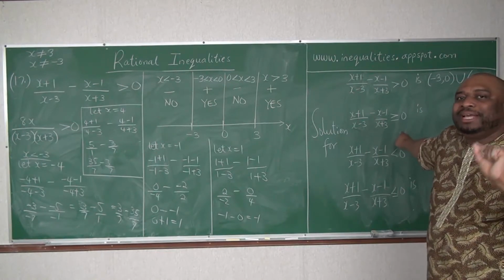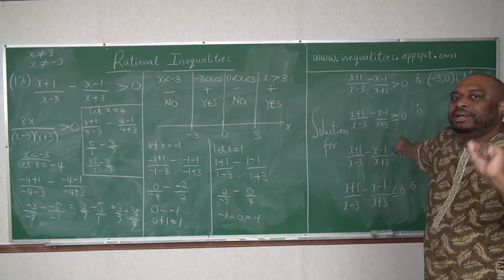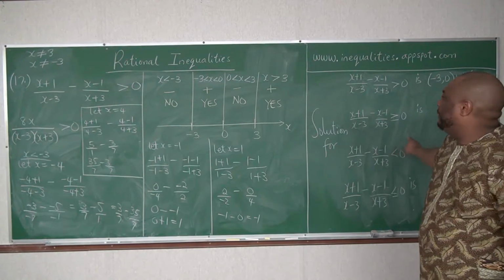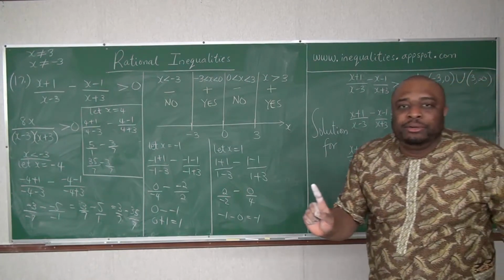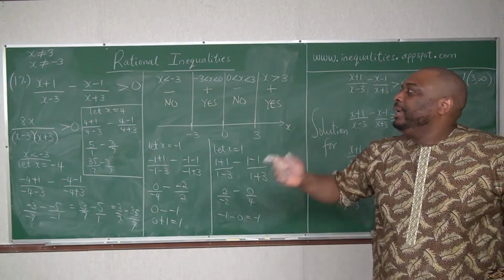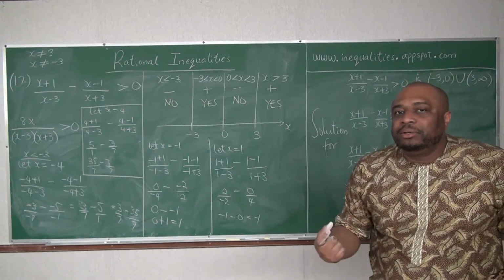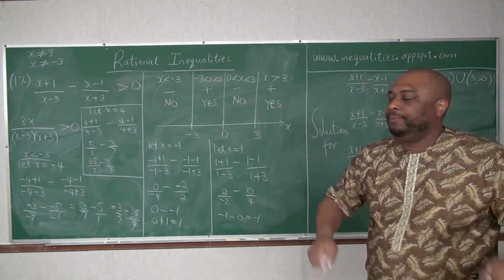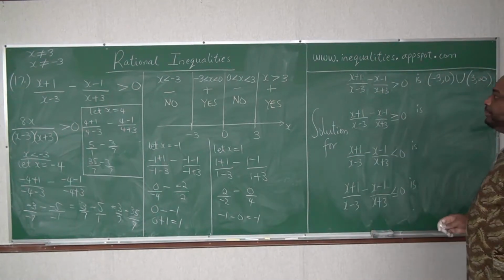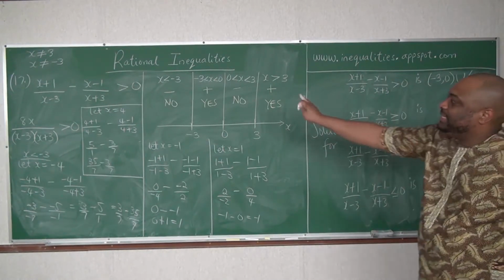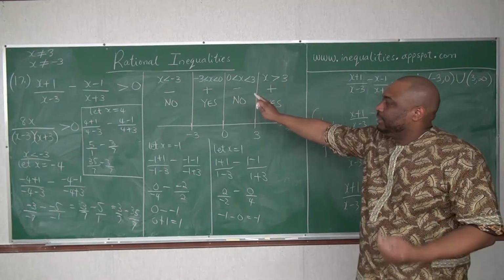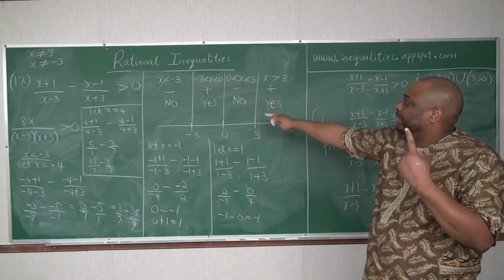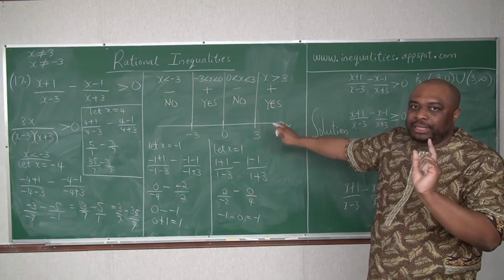What is not included in the domain? 3 is not included in the domain. Negative 3 is not included in the domain. We got to consider it. So it will still be the same thing, but we have to consider the fact that negative 3 and 3 are not included.